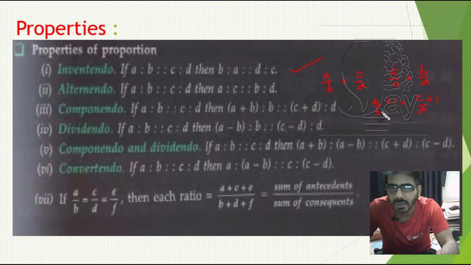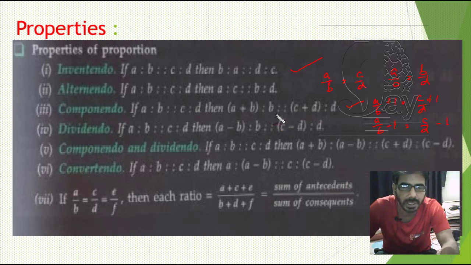Okay, so if we add, we get A plus B by B and C plus D by D. This is componendo. Okay, very simple. Similarly, what is dividendo? We subtract 1 from both sides and we get A minus B by B equals C minus D by D. So this is just A by B minus 1 equals C by D minus 1. So I hope that is very simple, you understood that.